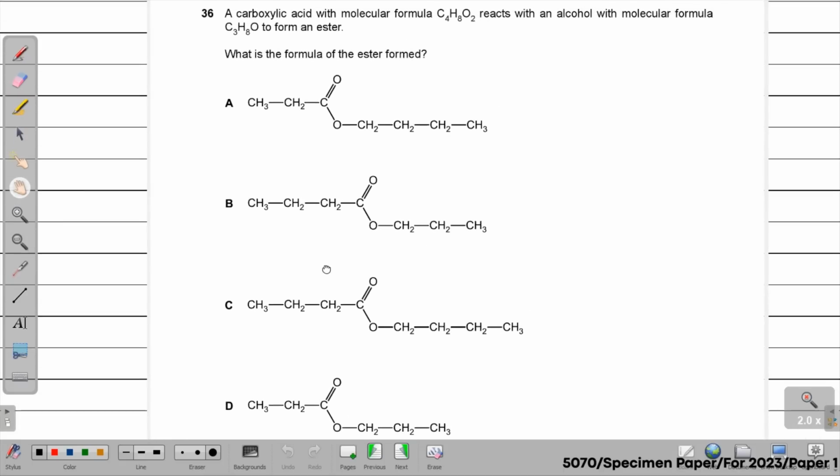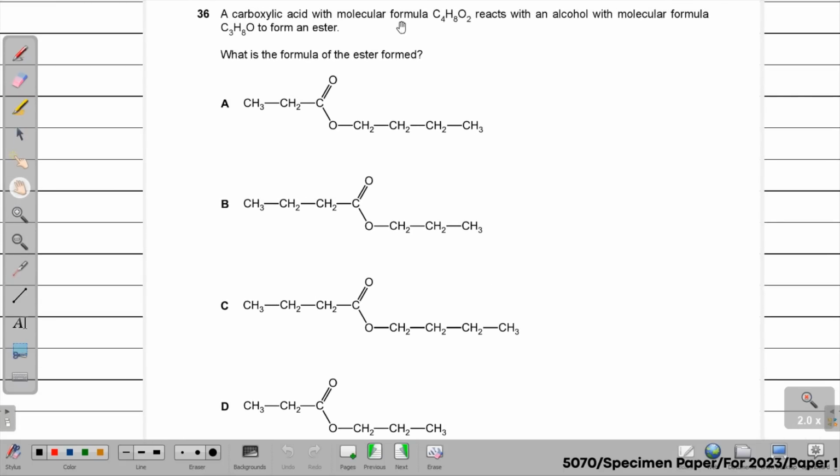So let's move on to question number 36. A carboxylic acid with the molecular formula given reacts with an alcohol with the molecular formula given to form an ester. Okay, great. So we've got a carboxylic acid, which has 1, 2, 3, 4 carbons, and it's reacting with an alcohol.